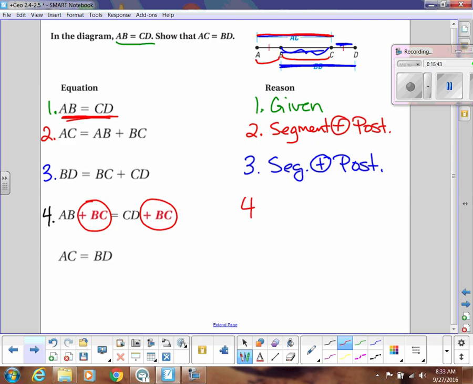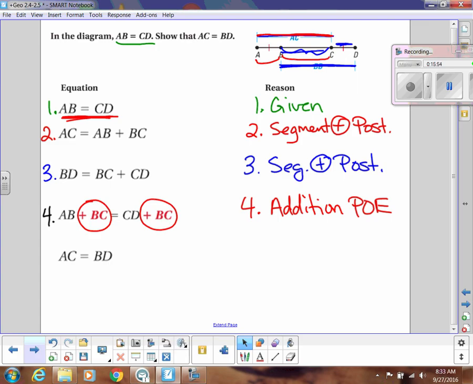That's the addition property of equality. So why would they choose to do that? Well, the reason they did that is because they noticed that these both had a plus BC in them. So if they start with the original and then do the plus BC, then these are going to match what these two things are equal.